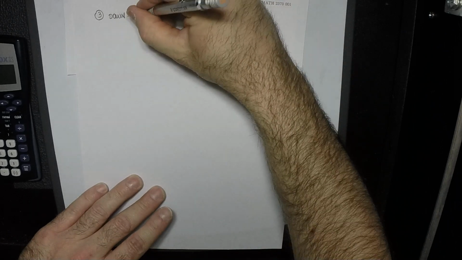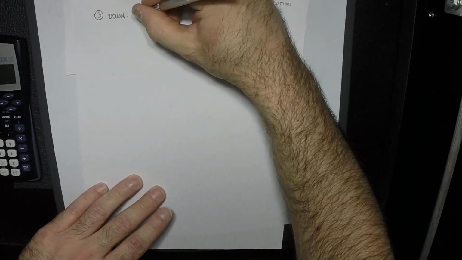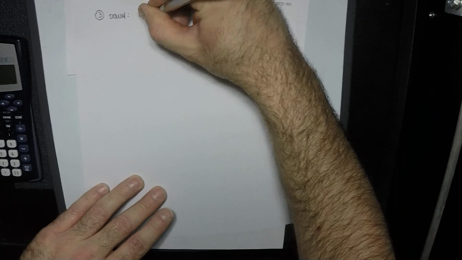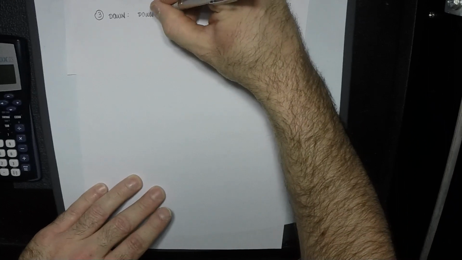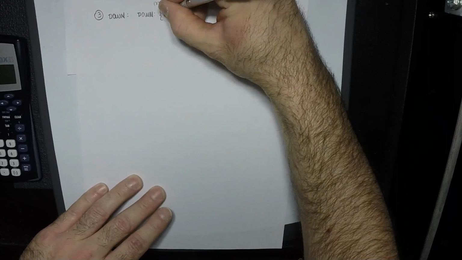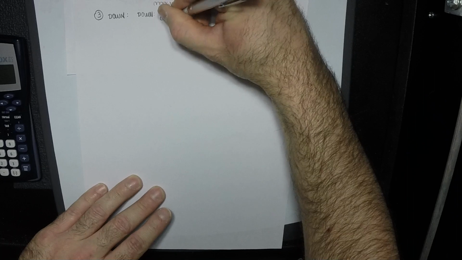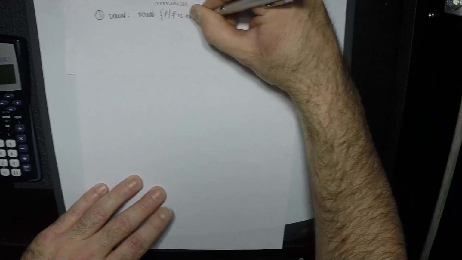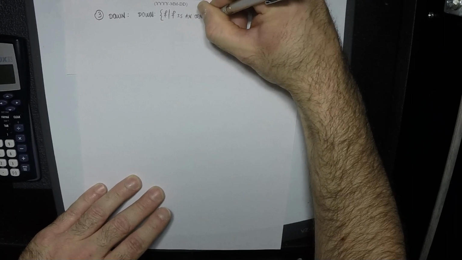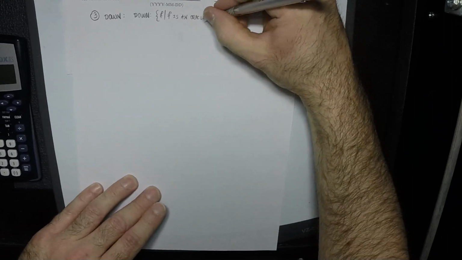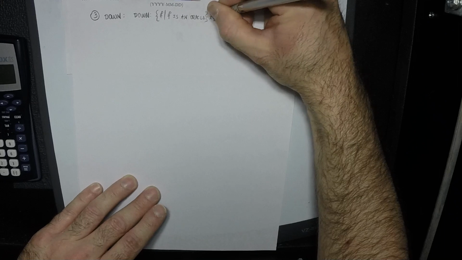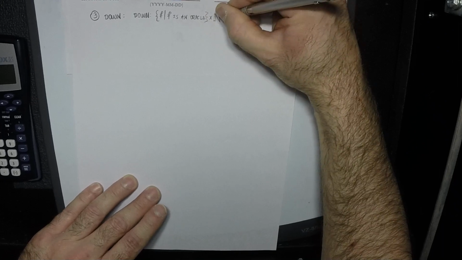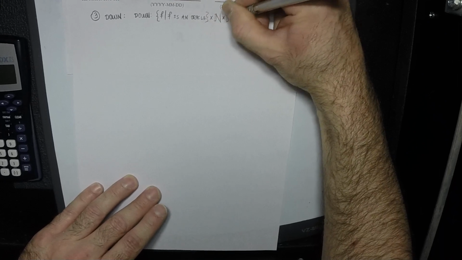Okay, so down will be a function from the set of all oracles, and then it has 2 more arguments, the lower bound and the upper bound.